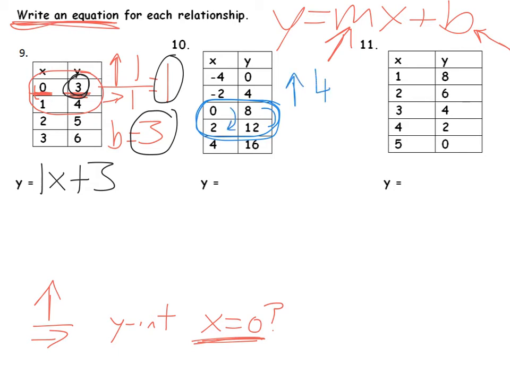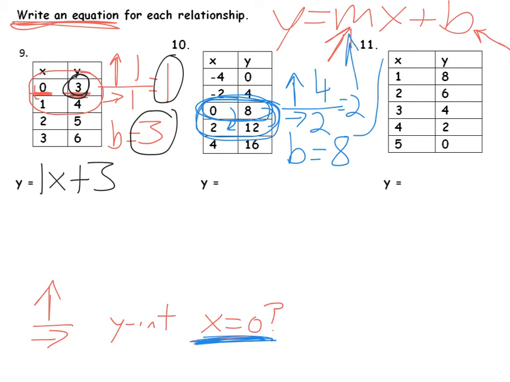How much does the x go over? It goes over 2. So my slope is going to equal 2. Where do I find x equals 0? Right here. X equals 0 and b equals 8. So I just plug my slope in for m and my y-intercept for b, and I get y equals 2x plus 8.